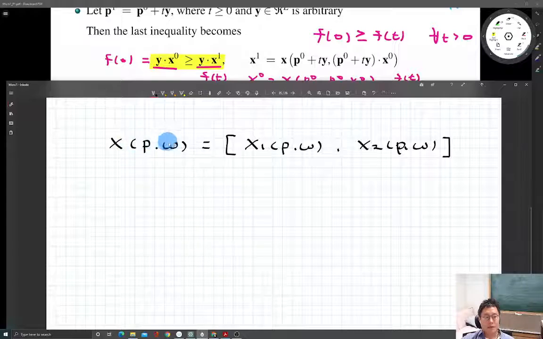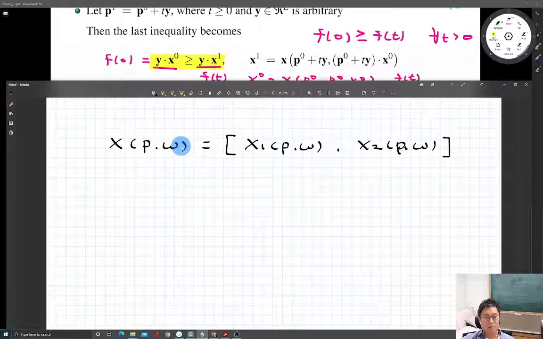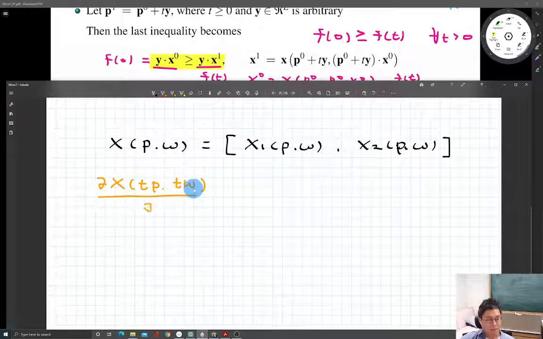It also depends on w. So this function depends on a 3-tuple vector at least. But now we are considering the derivative of this function with respect to t. So after multiplying the inner argument t-fold, p becomes tp, w becomes tw. And then we take the derivative of this function with respect to t.